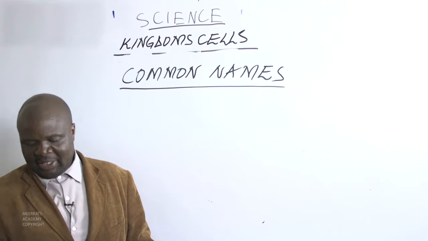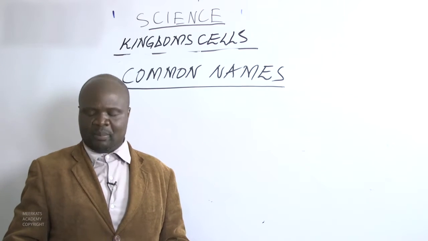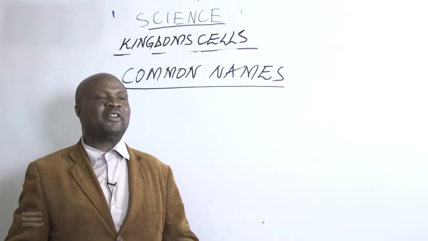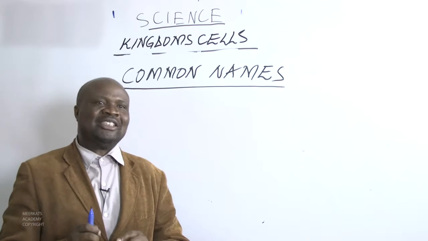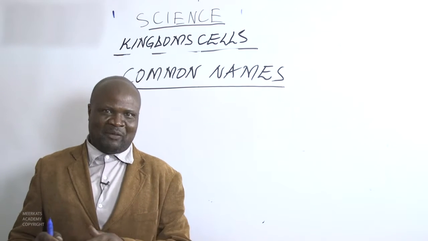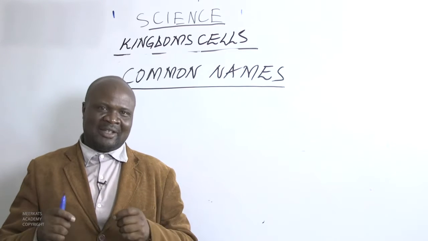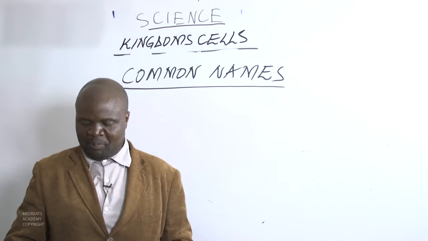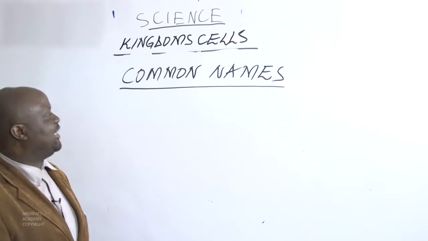This way of giving it a single name is known as the scientific name. If an organism has a single name that can be understood by all scientists from different areas of the earth, and it talks about that particular animal, then we say it is a scientific name.